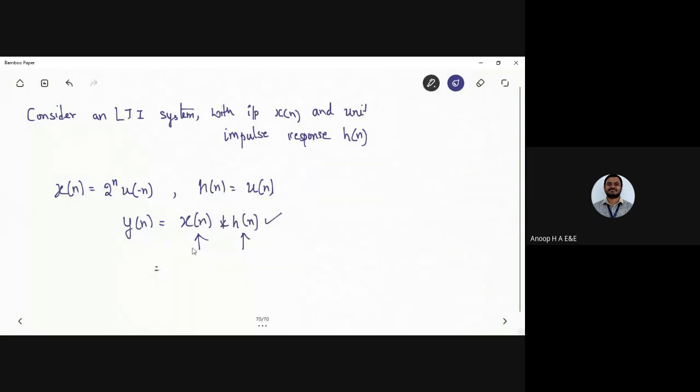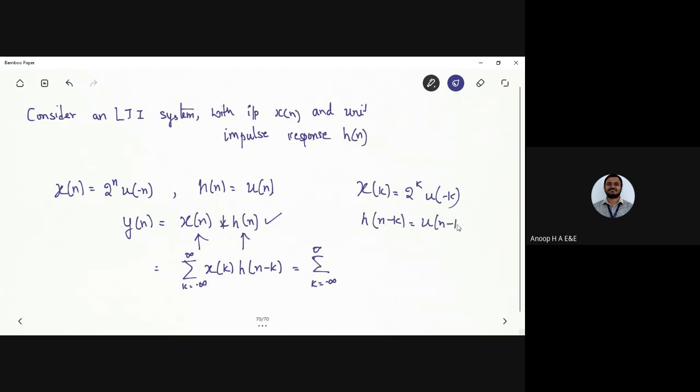Now I have x of n and h of n, so y of n is the sum over k equals minus infinity to plus infinity of x of k times h of n minus k. Here x of k is 2 power k u of minus k, and h of n minus k is u of n minus k.